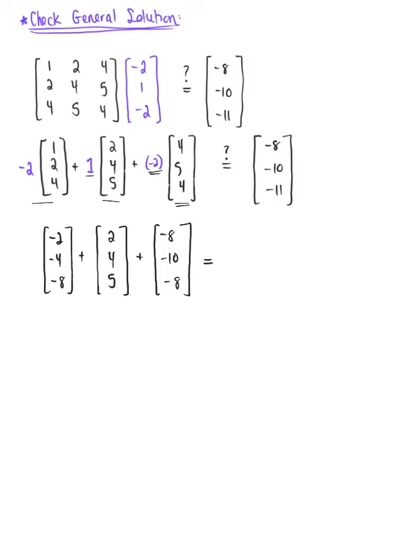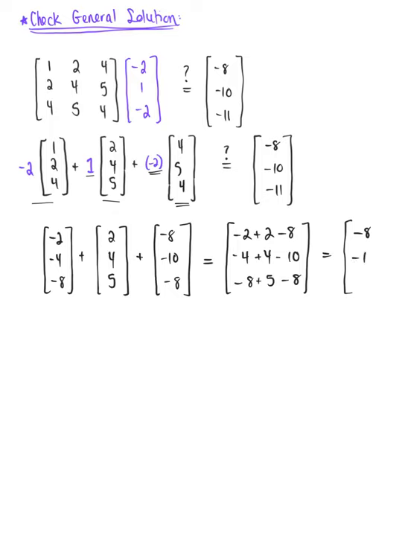Adding up those like components, we have -2 plus 2 minus 8 in the first row. We have -4 plus 4 minus 10 in the second row. And the third row is -8 plus 5 minus 8. And let's see, what does this give us? The 2's cancel and we're left with -8. The 4's cancel and we're left with -10.